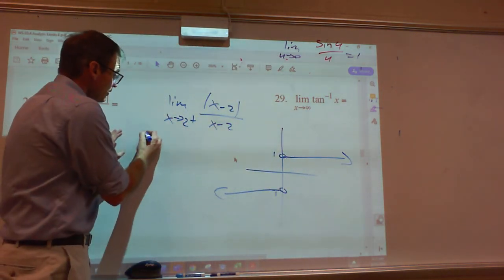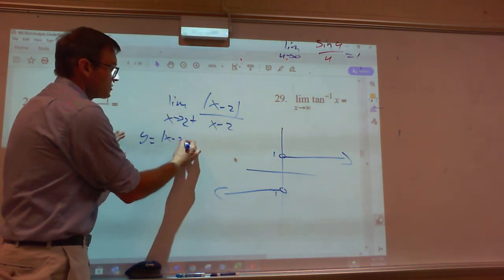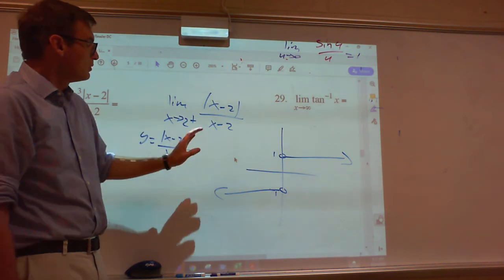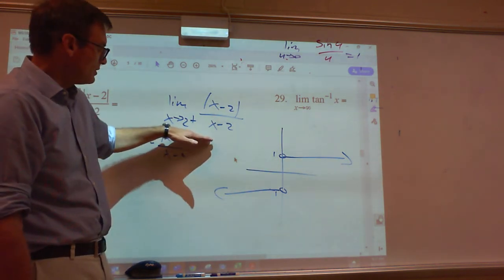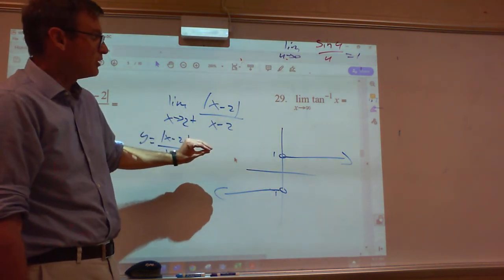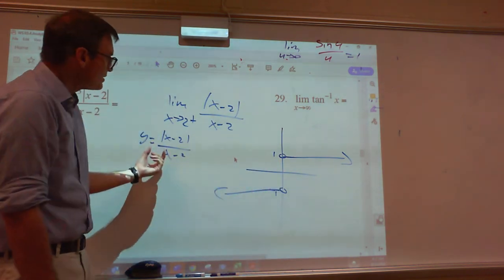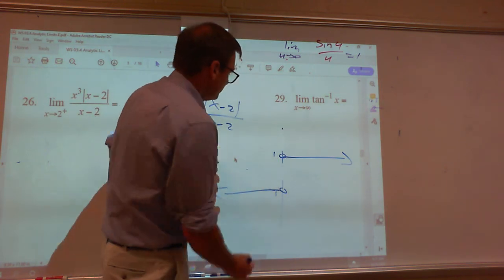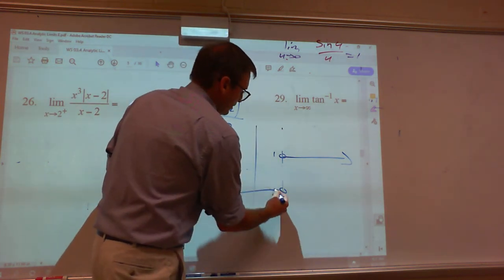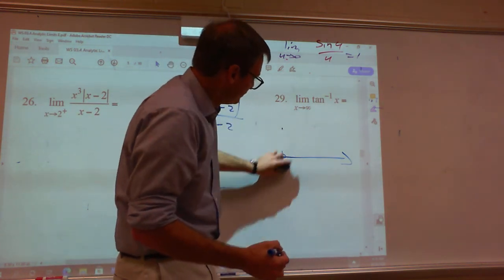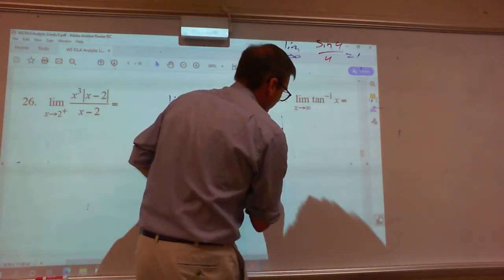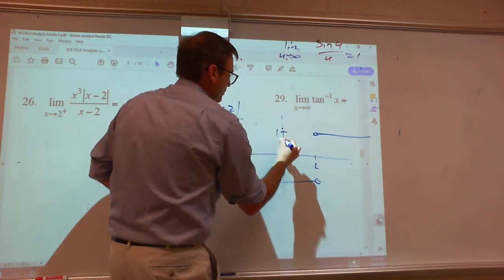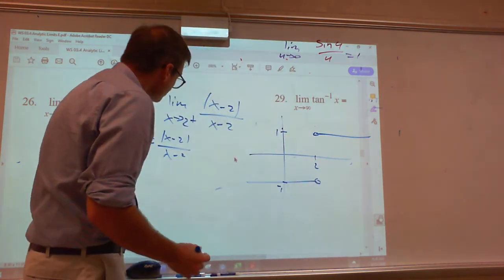You can think of y is equal to the absolute value of x minus 2 over x minus 2. If you're above 2, you're going to get the same thing on top of each other, so that's going to cancel out and give you 1. Our breaking point's at 2, so we have this. So here's 1, here's -1.